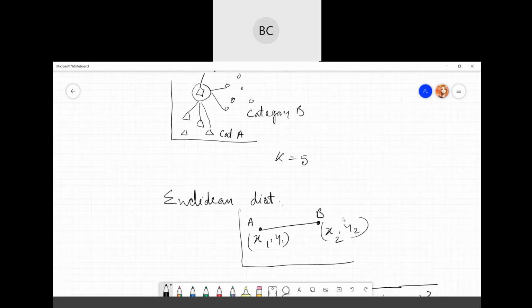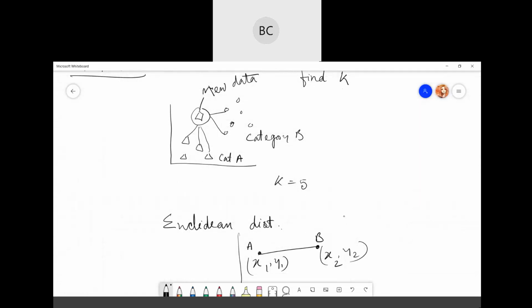Now, from here, maybe for category A, 3 points are nearest to the new data, and from class B, there are only 2. So the algorithm will decide that the new data will belong to category A.